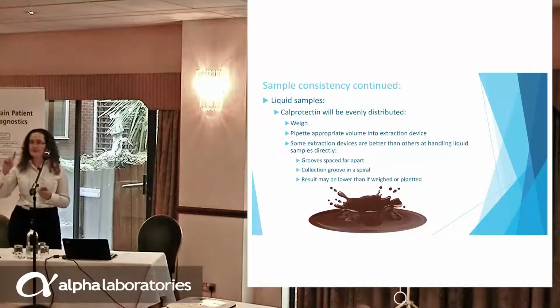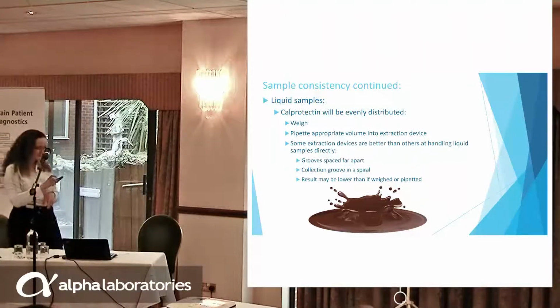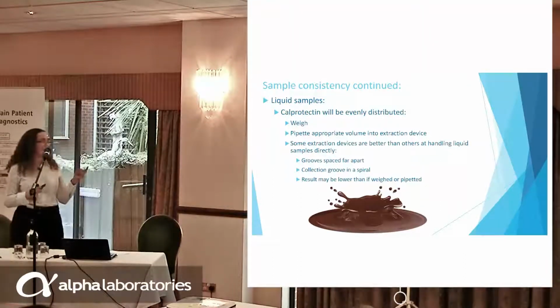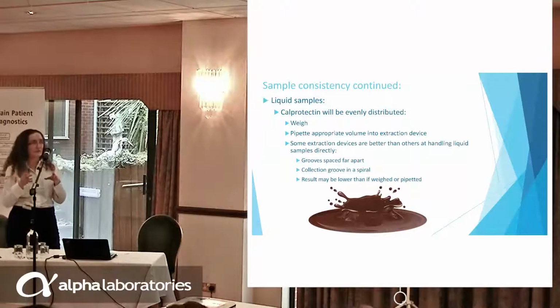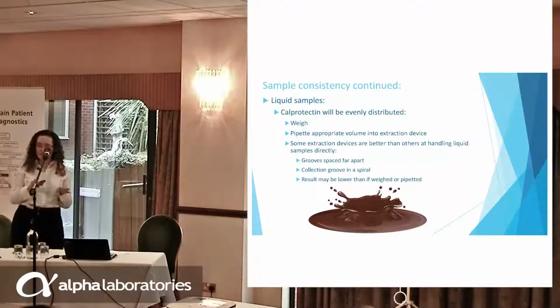Some of the other extraction devices have the grooves in a spiral, and that would be really terrible to use. It's not going to hold the liquid in any way, so don't do it that way. As I say, the results you get if you use the extraction device like that will be slightly lower than if you strictly pipette or weigh the sample out.